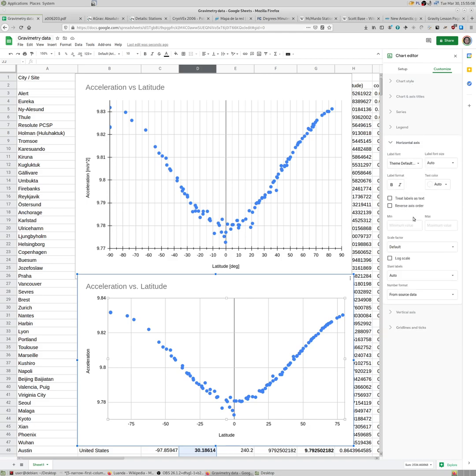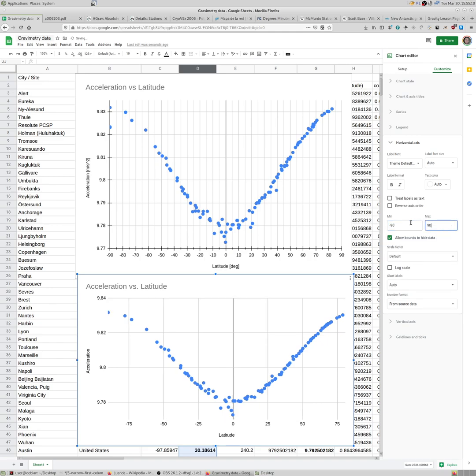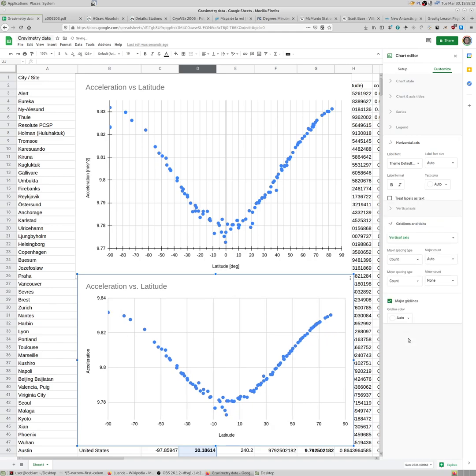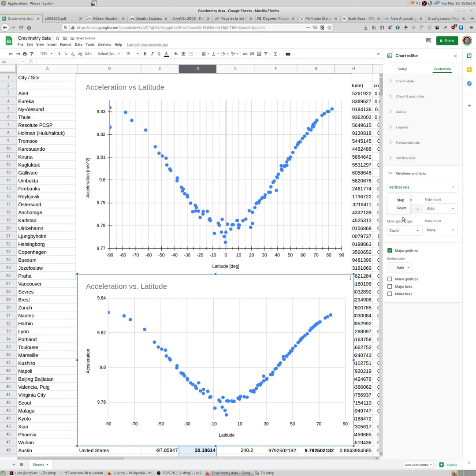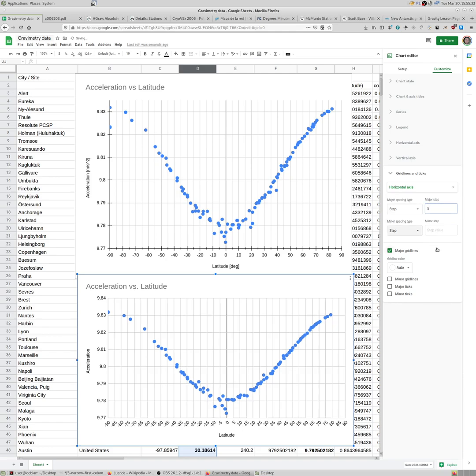So it's horizontal, minus 90, 90, and the increment will be 0.01, and horizontal would be in 5-degree increments. Okay, we have something we can compare.